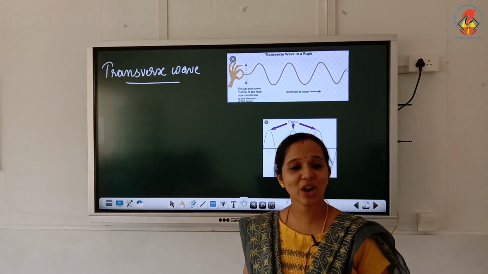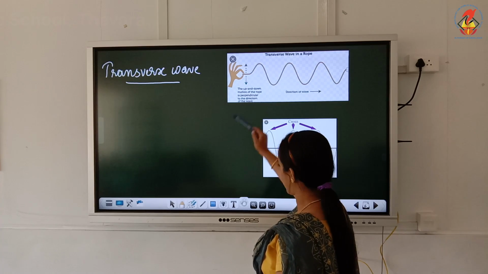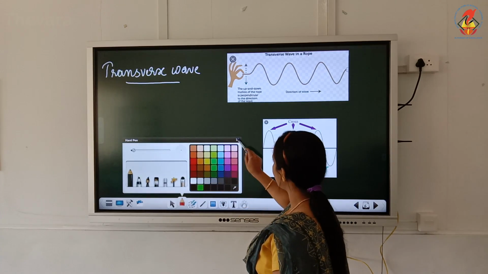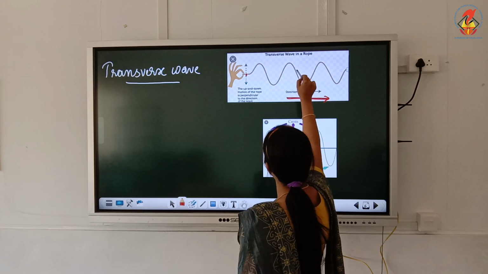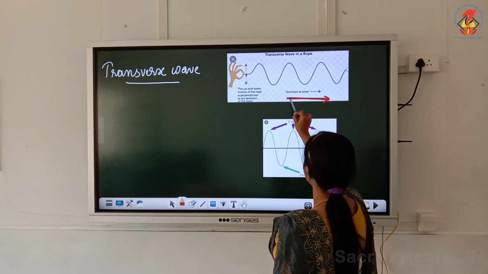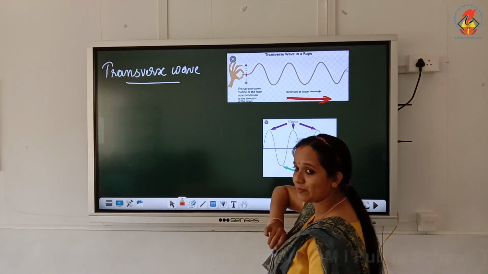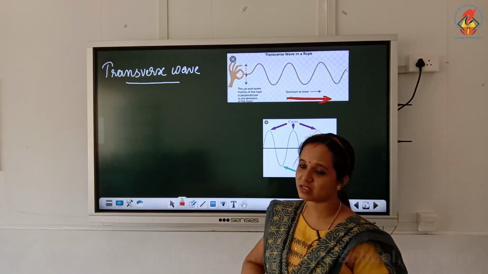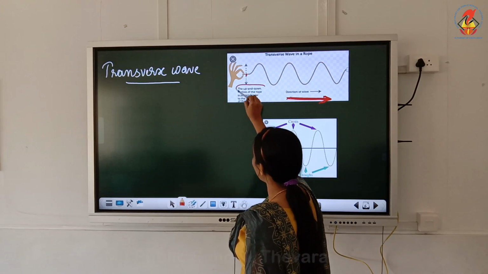Okay, and in transverse wave, if wave propagates in this direction, if this is the direction of wave propagation, wave started from this point and the disturbances are propagating from left to right, that is in this direction, the particles will vibrate up and down.